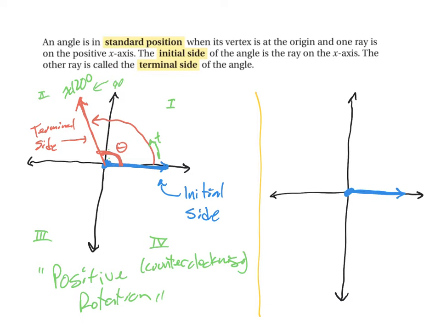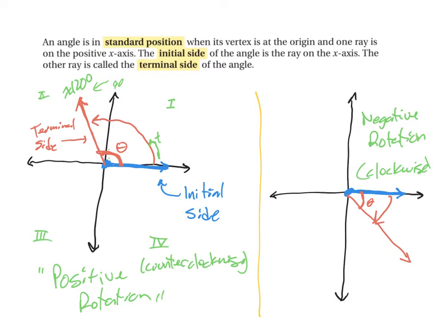But if we do a clockwise rotation, so if we start moving in this direction, and then draw our terminal side, so if we're making the angle this way, right? Now this is theta. This is called a negative rotation. What we just drew here is a negative rotation, and we're actually going in the clockwise direction.